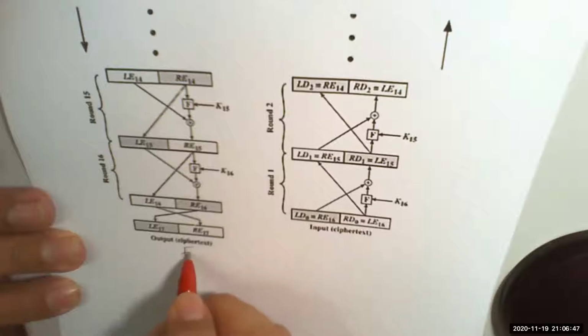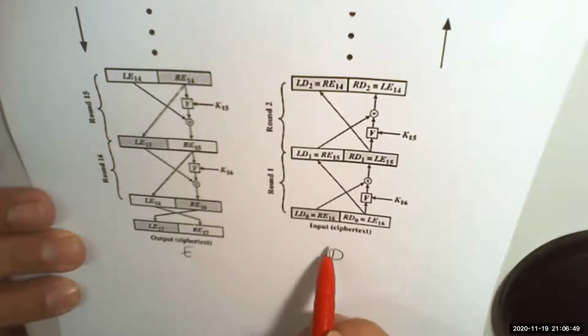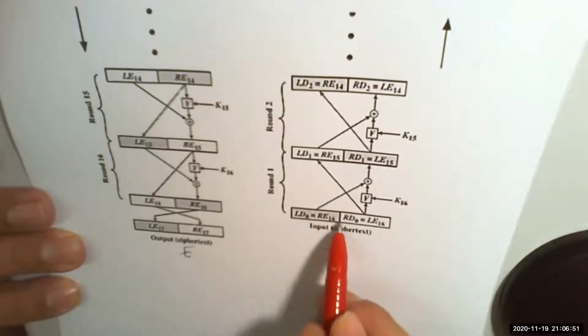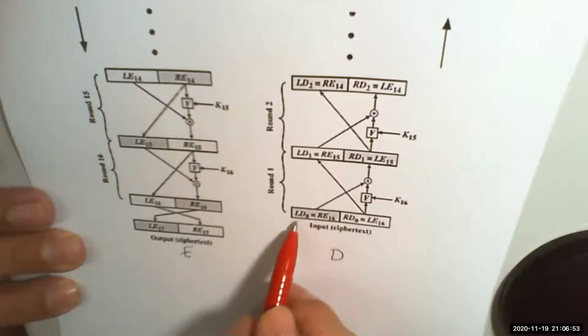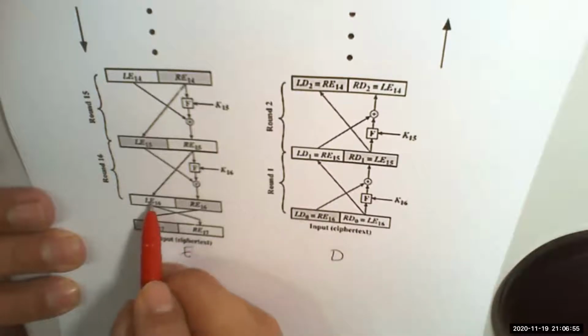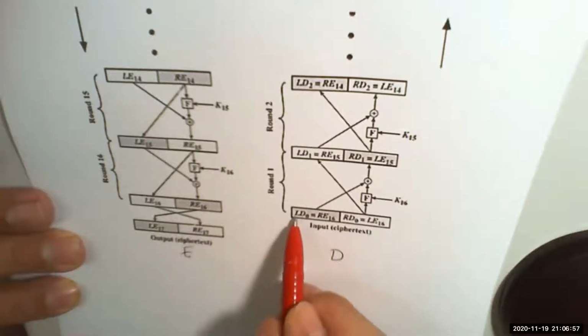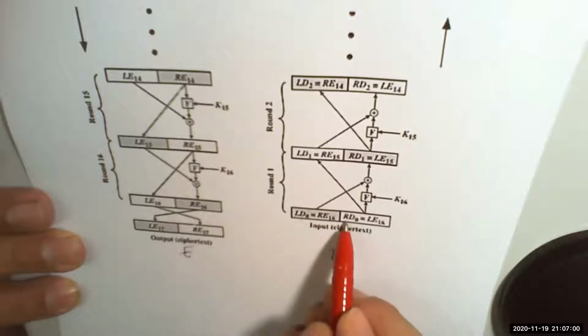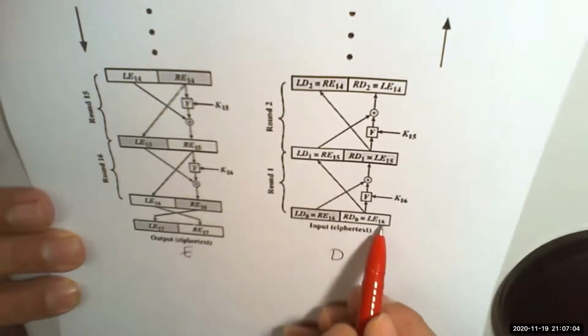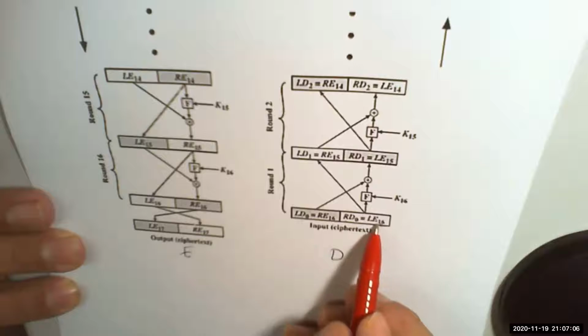This is encryption and this is decryption. This is why D refers to decryption and E refers to encryption. And also we have L, which is left, and R, which is right. And the number here, the subscript, is the subscript for the round. So LE16 means the left-hand side of the encryption cycle, round number 16.